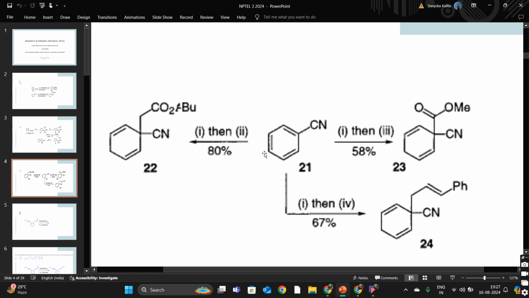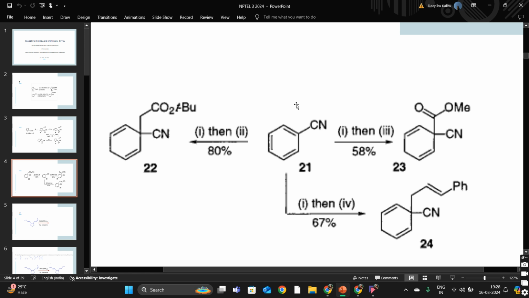So first that para position anion will be neutralized using a proton from the base and/or solvent, and then when the second electron is donated here, the anion formed at this position will undergo nucleophilic attack to give you your desired product.